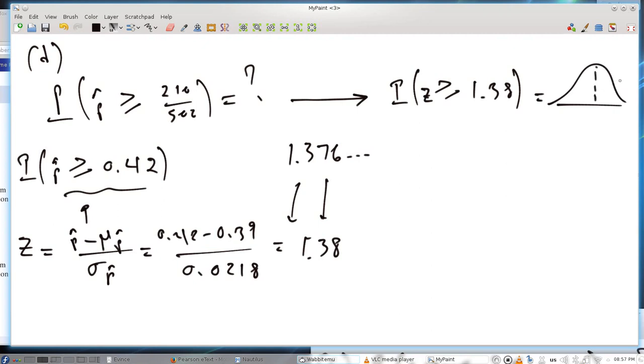So 1.38 is somewhere around here, and this is the region that we're interested in. And if you use a mirror image, it looks like this instead, the symmetry argument. And this 1.38 now becomes a negative 1.38. And you see here, this is the region that is to the right of this value, and this region now is to the left of this value. So the expression in the probability is like this.